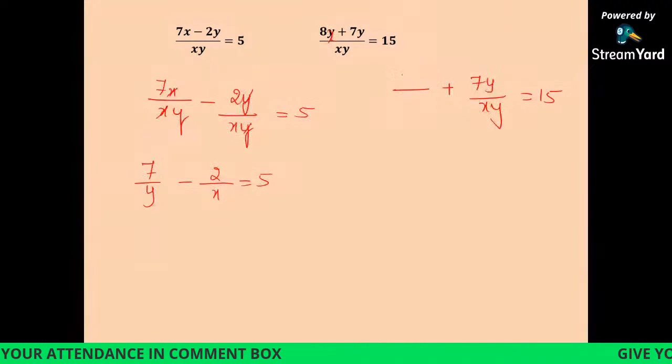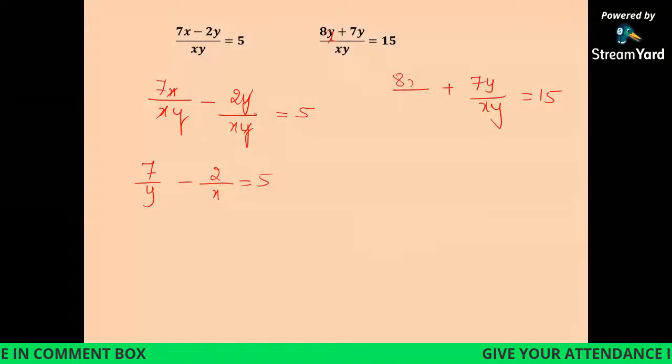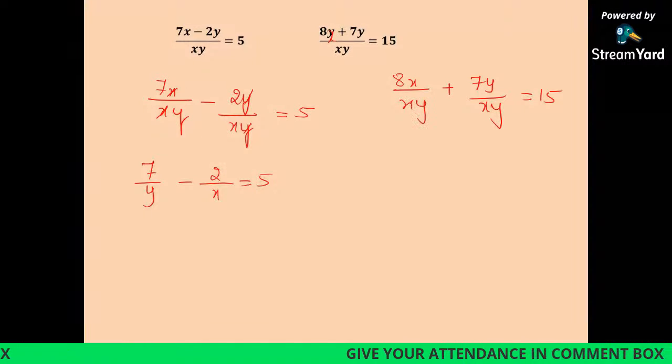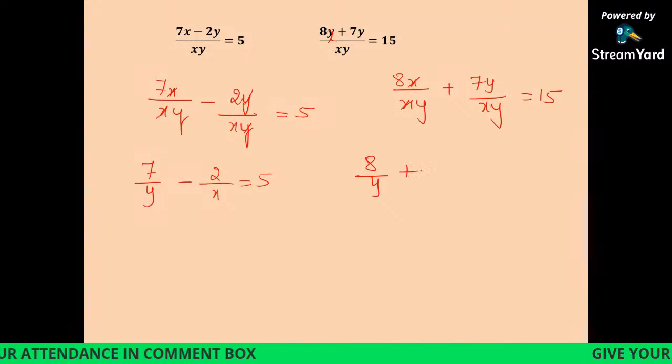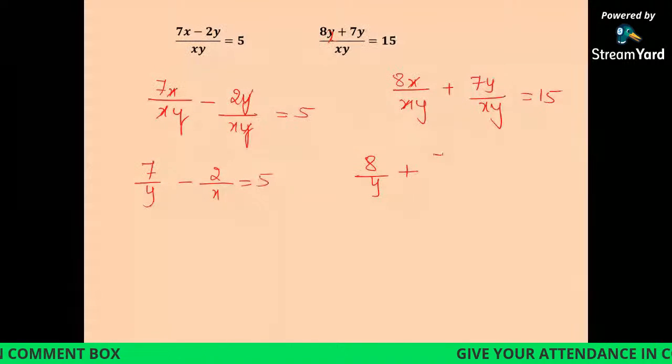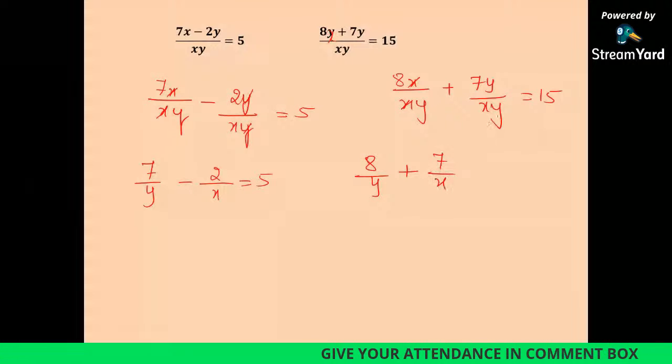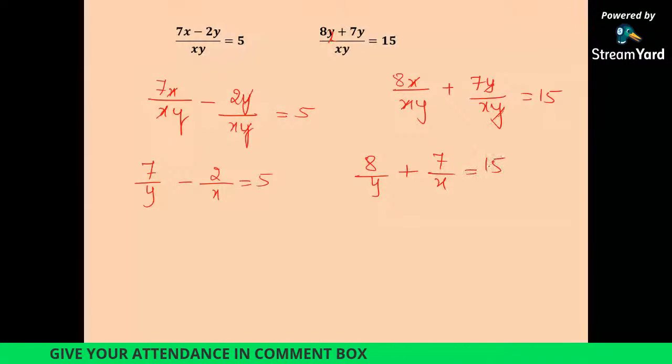Here, 8x divided by xy. Now, x gets cancelled. You remain with 8 divided by y plus 7 divided by x, is equal to 15.